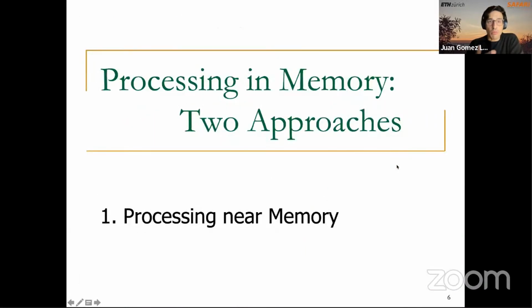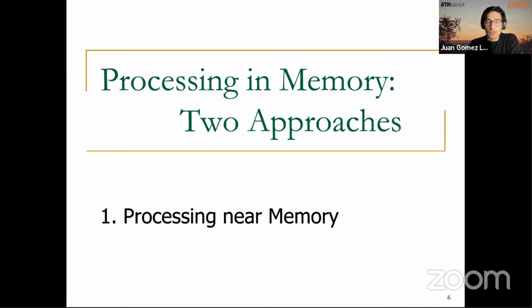And all these approaches that already exist in the real world are what we call processing near memory. And why is that? Because in the end, the computation itself is happening near the memory array. We have DRAM subarrays, or DRAM banks, or DRAM ranks, as in the case of AXDIMM, and we place the compute units or the processing elements near these memory spaces. And that's why we call them processing near memory.